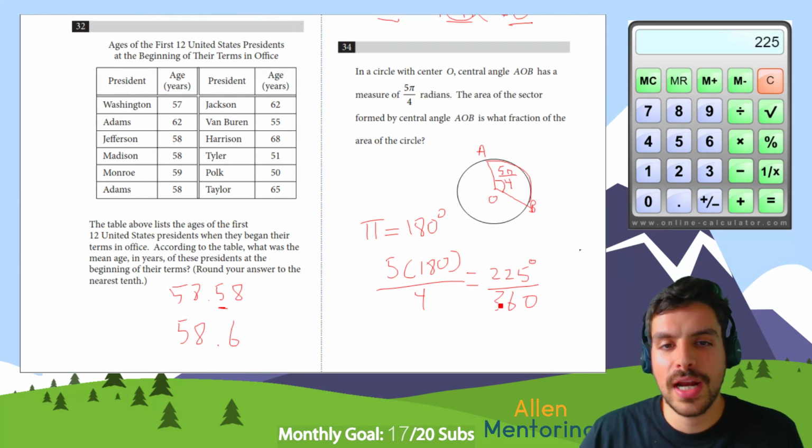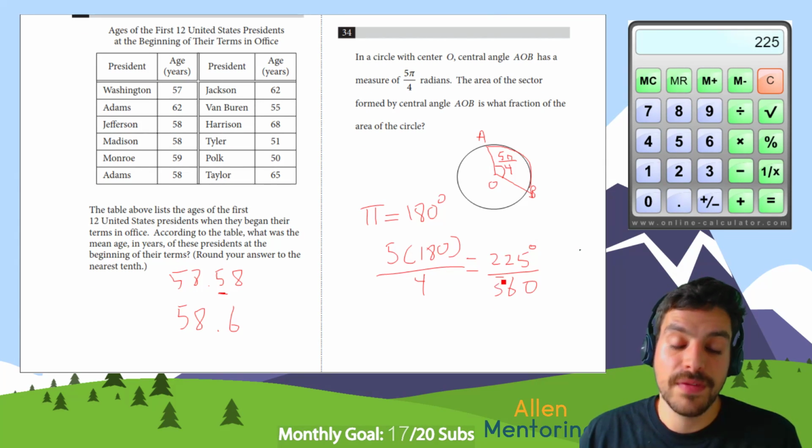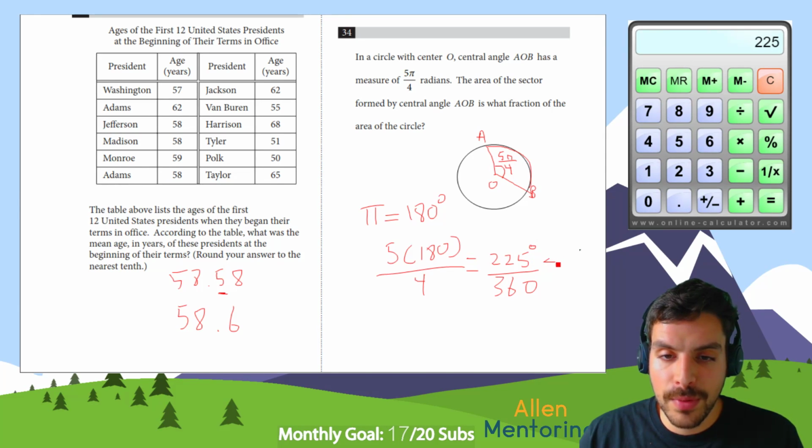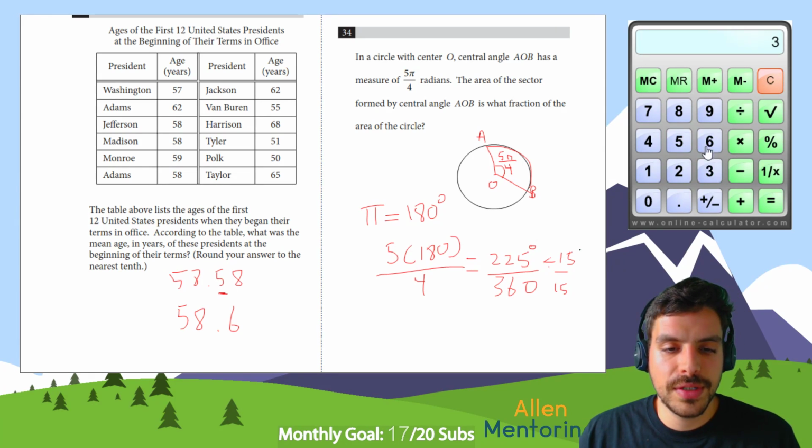So in this case, you just kind of have to simplify. So what factor does 225 and 360 share? Well, I know that we can divide both of them by 15, okay? And so 225 divided by 15 is 15, and 360 divided by 15 is 24.